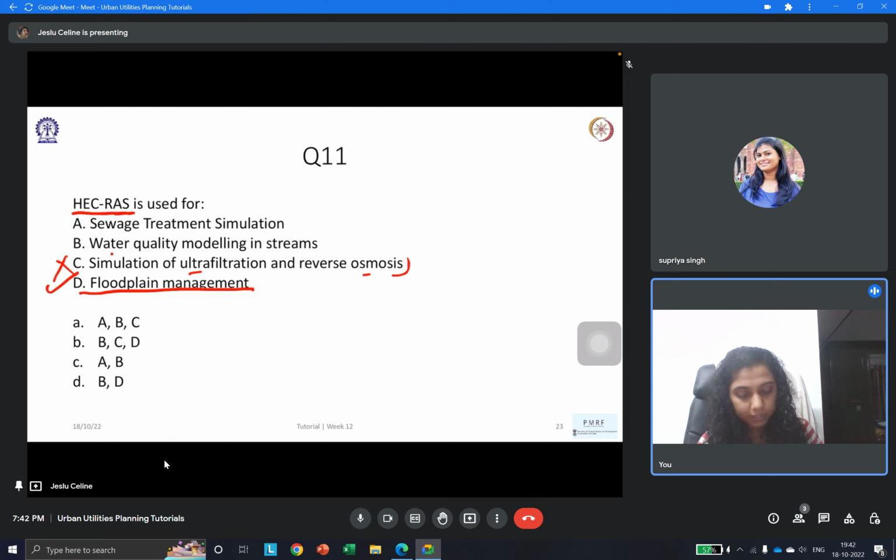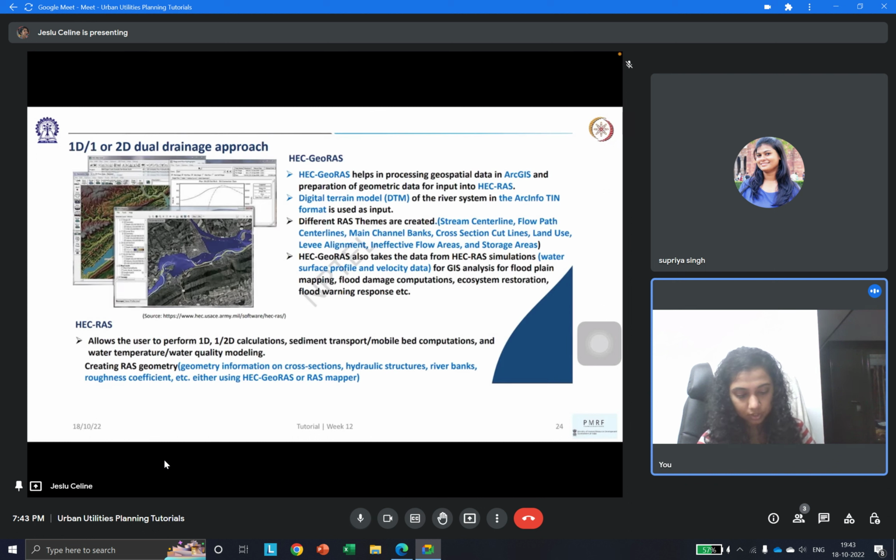Then the question becomes whether it models water quality and whether it models sewage treatment. Mainly here it models water quality. That is one more additional aspect we need to consider. That is in our lecture also, over here, HEC-RAS. We are saying that in addition to flood management, we can do water quality modeling, water temperature modeling, mobile sediment transportation modeling, etc. using this software.